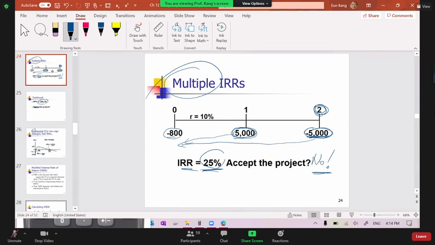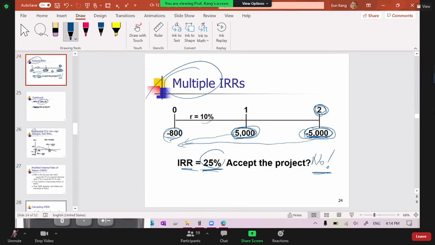But if the cost of capital is low, like 10%, then the present value of minus 5,000 is still big, and minus 800 will be greater than the present value of 5,000, right?